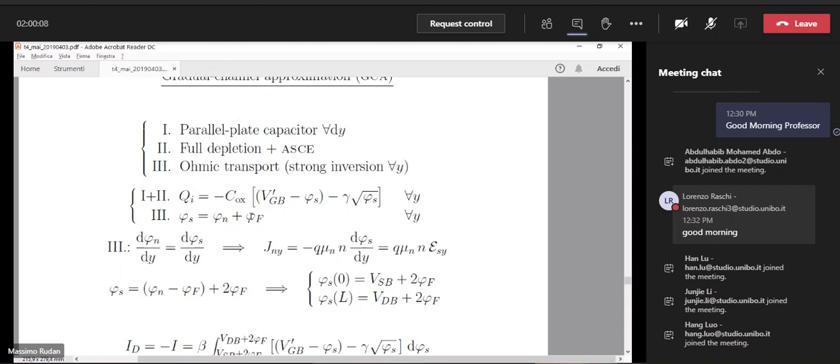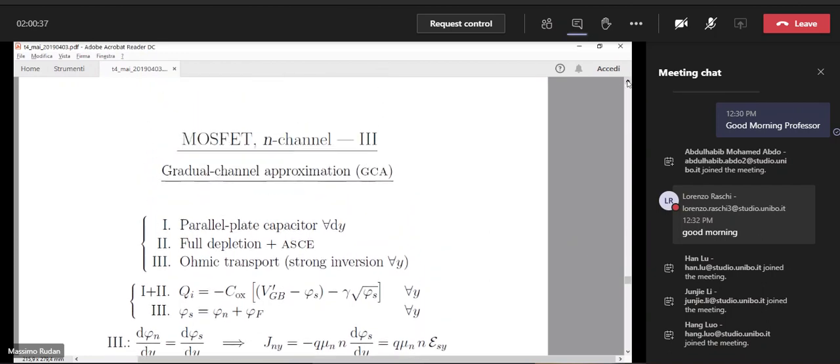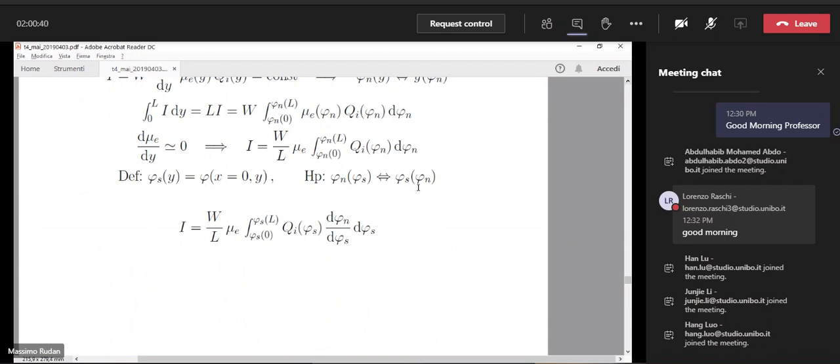Okay, so phi s differs from phi n by a constant. This makes life very easy because if phi s is equal to phi n plus a constant, then the derivative of phi n with respect to phi s is equal to 1. Okay, and we need such a derivative here.